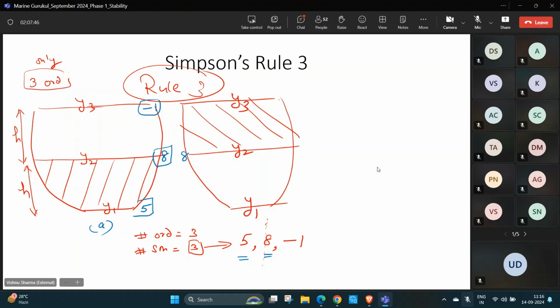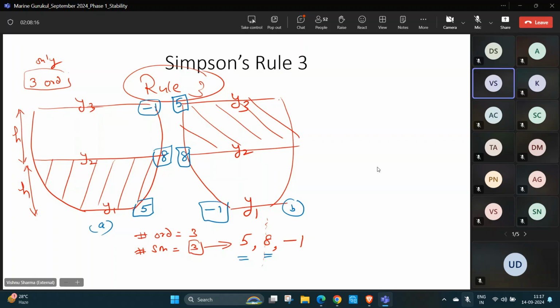Needless to say, if you have to calculate the area between y2 and y3 in diagram B, the multipliers will be assigned like this. Am I clear about assignment of multipliers, guys? Clear, sir. Yes, sir.